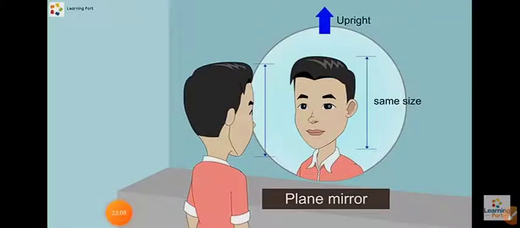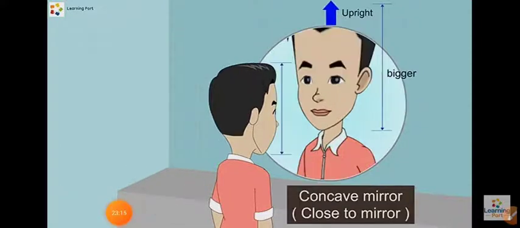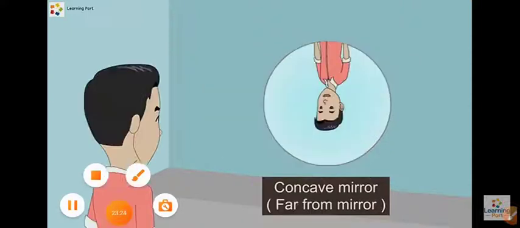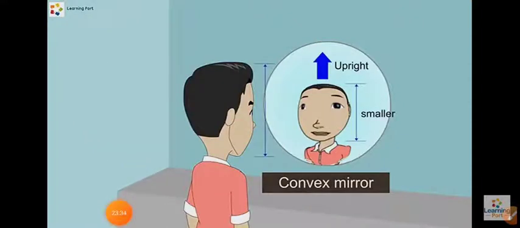The image formed by a plane mirror has the same size. The image formed by a concave mirror is bigger than the object. If we increase the distance between object and mirror, then with the concave mirror the image we get is inverted. The image we get with the convex mirror is smaller as compared to the object.